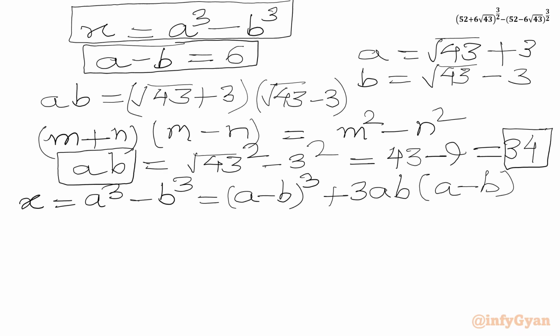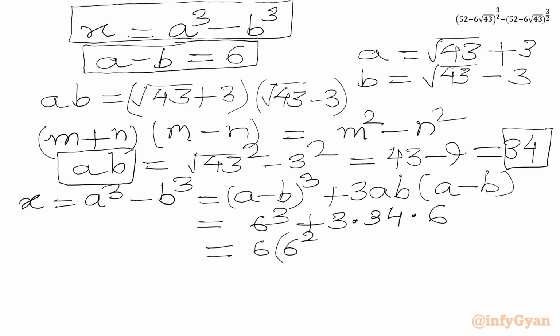Now a − b is 6. So we will write here 6 cube plus 3 times ab, which is 34, so we will multiply 3 with 34, then a − b is 6. Now we will take 6 common. So in the bracket we are going to write 6 square plus 3 times 34.